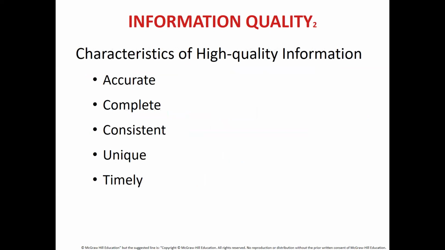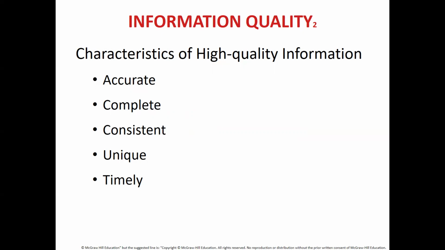Now, the characteristics of high quality information are, first, accurate. Accurate means all the data that you have is correct. Complete means you do not have any missing values. Consistent means all values or information are in agreement with other similar information.